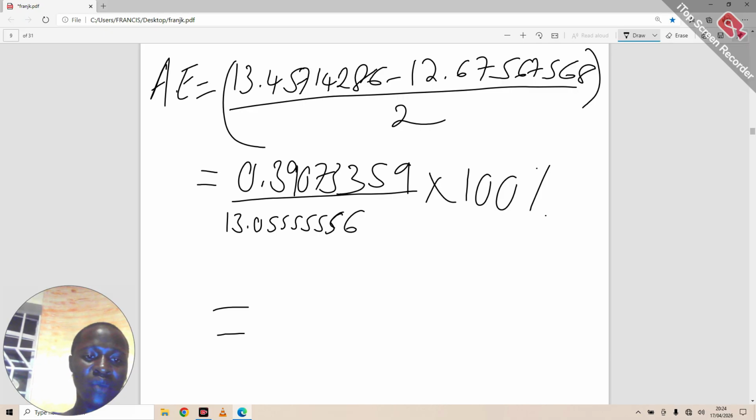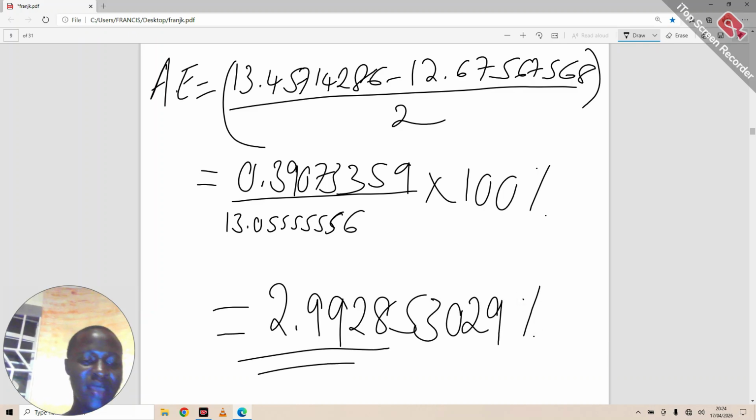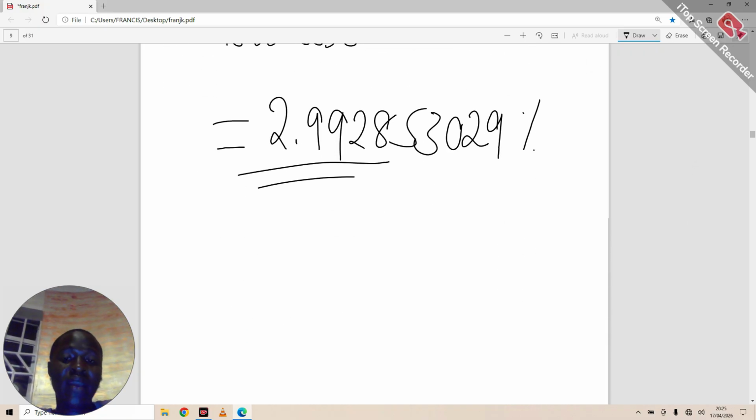So our answer will be 2.992853029%. Remember to write the whole answer the way it is, unless the question specifies to leave your answer to a given decimal places or a given significant figure.